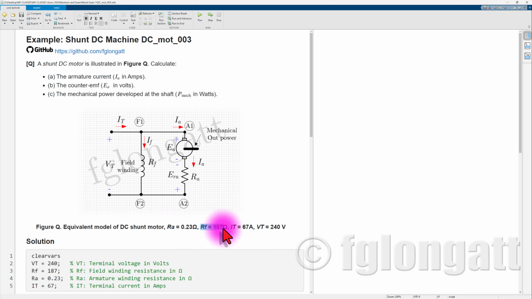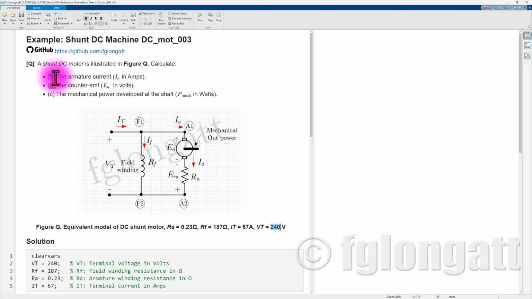We know the field winding resistance, in this case 187 ohms. Also, there is data related to the terminal current, in this case 67 amps. And finally, we have the terminal voltage, 240 volts.